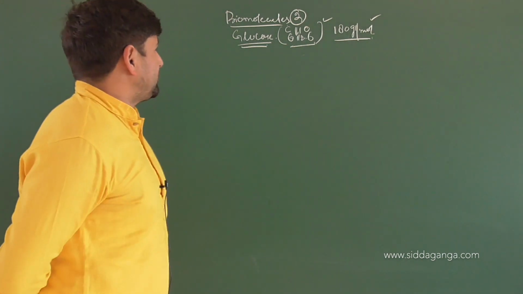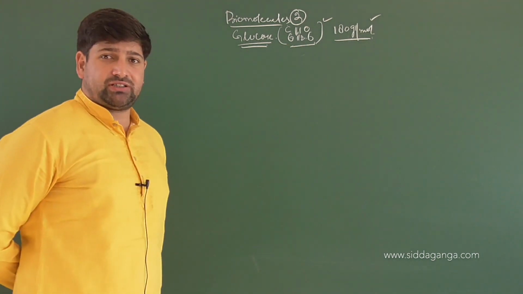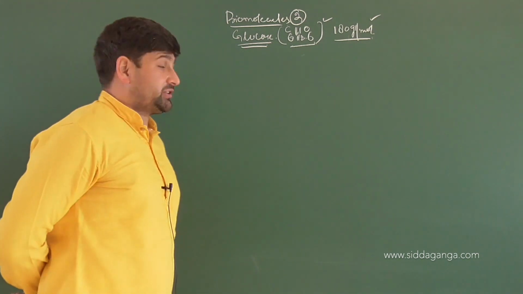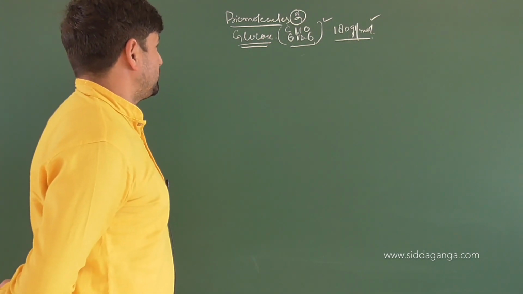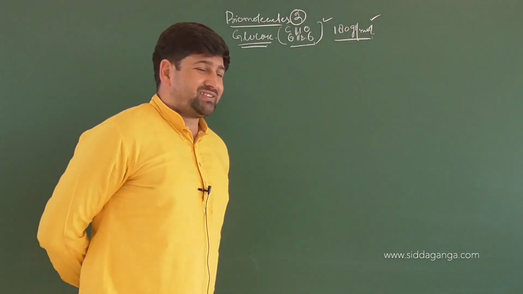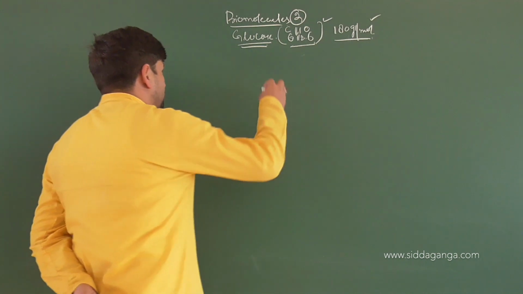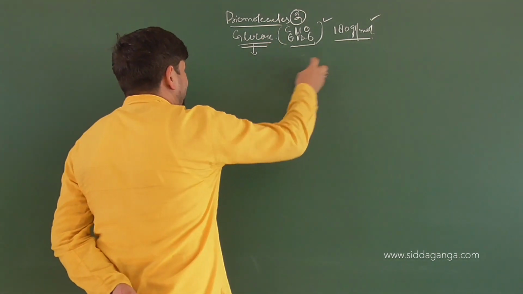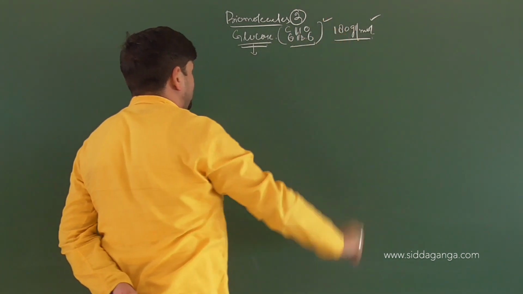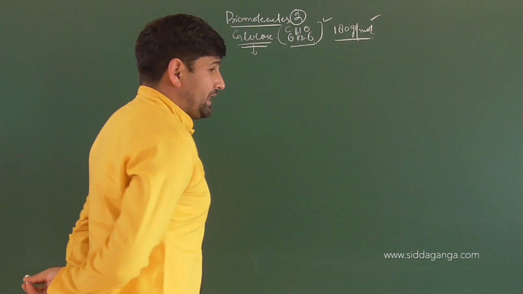Now, how was the structure of glucose elucidated? The structure that we write for glucose today is an open and a closed structure. There are two structures we can draw for glucose, open and closed structures. How were those structures reached? First of all, on experimental investigation, its molecular formula comes C6H12O6 and molecular mass is 180 grams per mole.